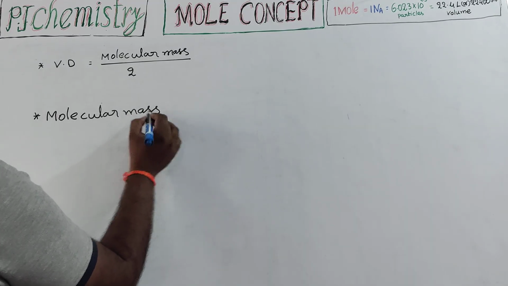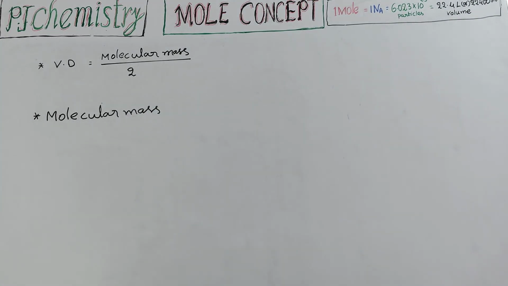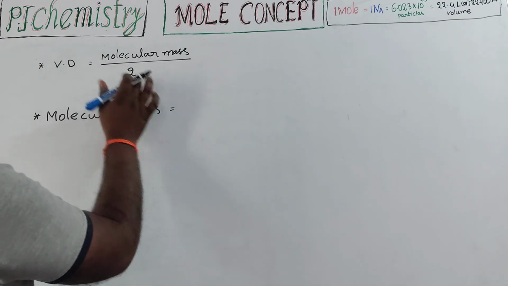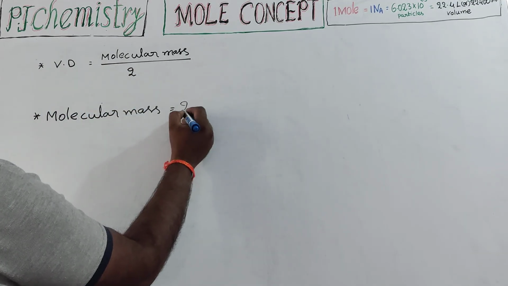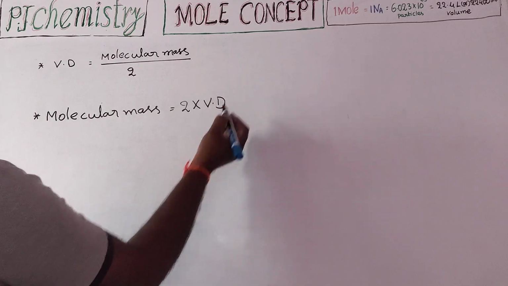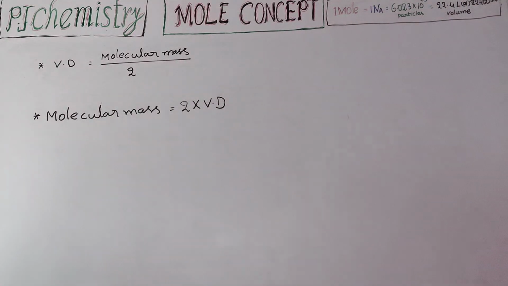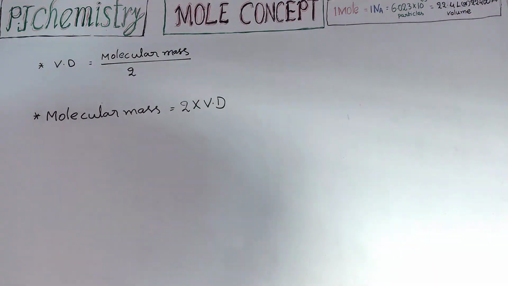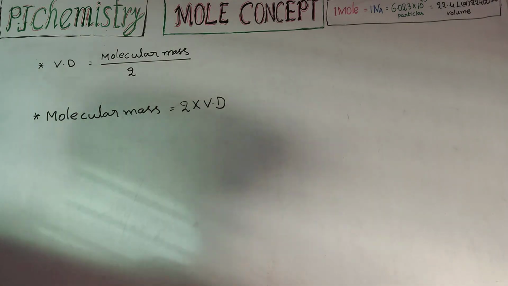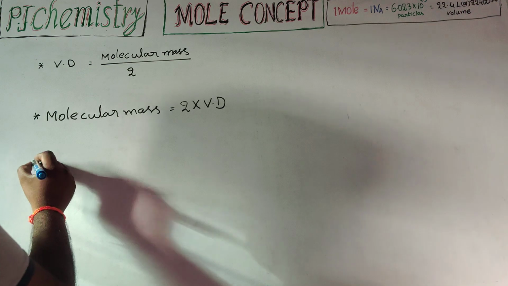They give the vapor density value in the question and ask to find the molecular mass of the particular substance. Then the formula: molecular mass is equal to 2 into vapor density, sending the 2 to the other side.